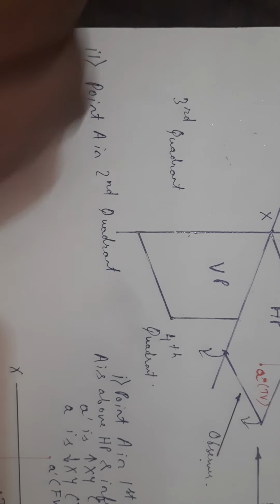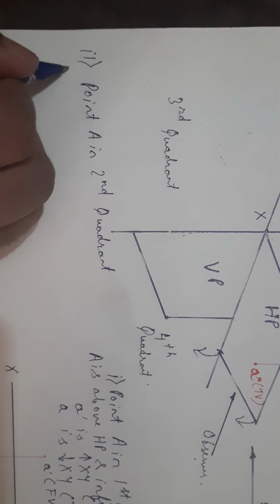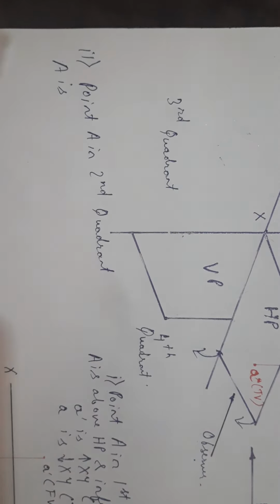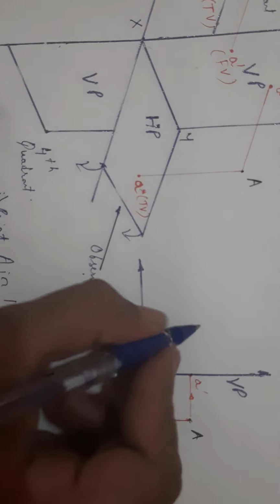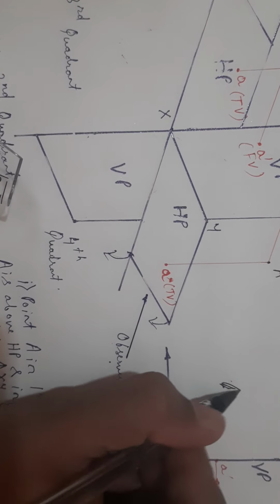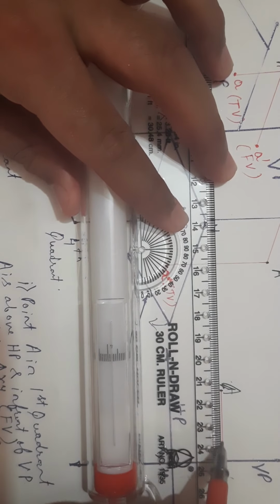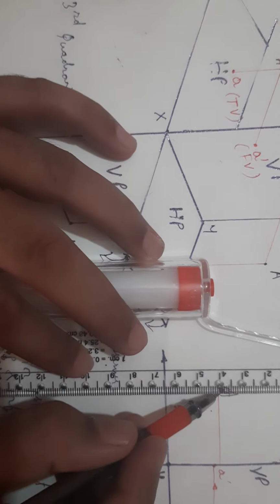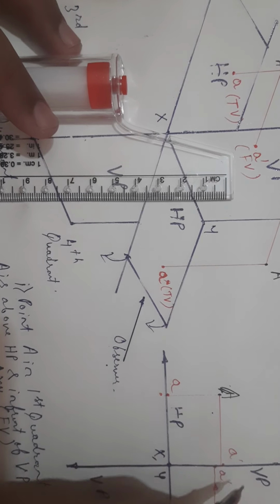How do I state this point in the second quadrant? It is stated with respect to the observer. Can you all tell me what will happen with respect to the observer? This is a 3D diagram. If I look at the 2D diagram, suppose A is somewhere over here, and if I look at the front view and top view, the front view will come like this, the top view will come like this, point A is this, A dash is this.